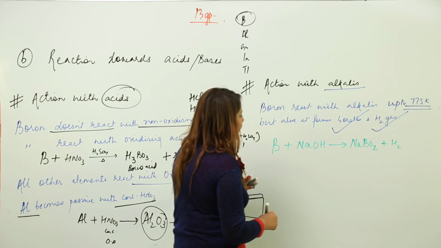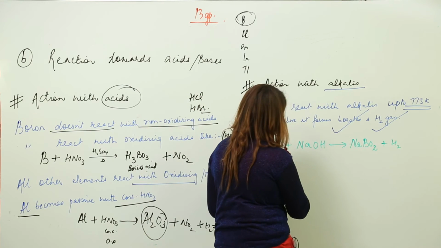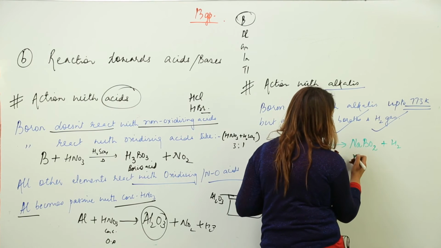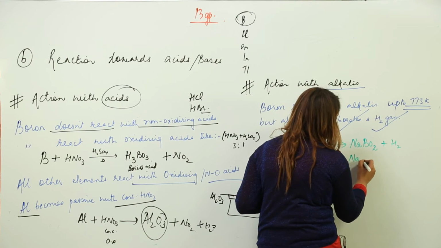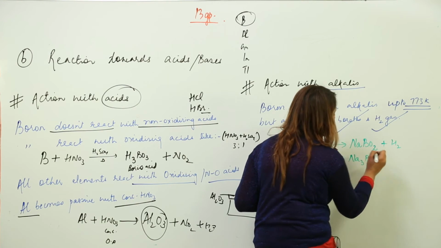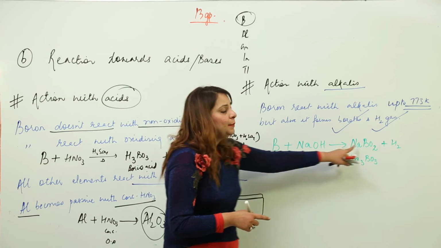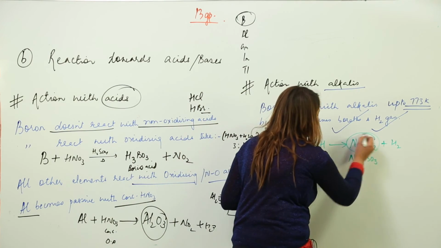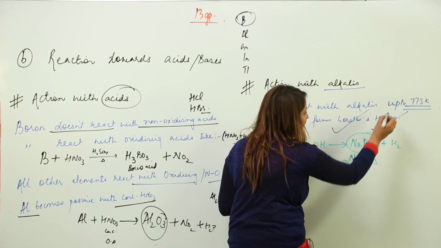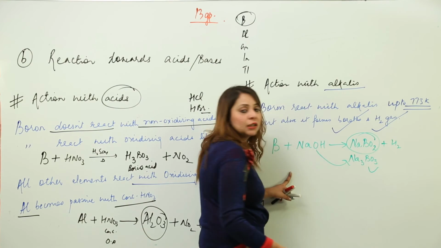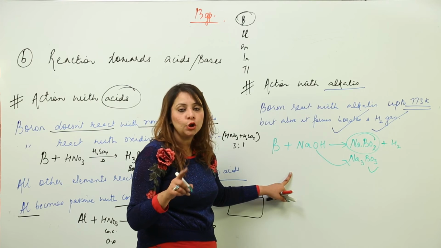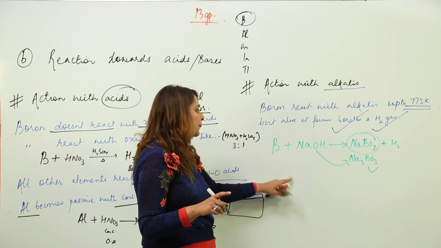In the same way, boron reacting with NaOH can form NaBO2, and it can form Na3BO3 also. But what we will see in this reaction, up to temperature 773, is that it forms the sodium borate, Na3BO3.